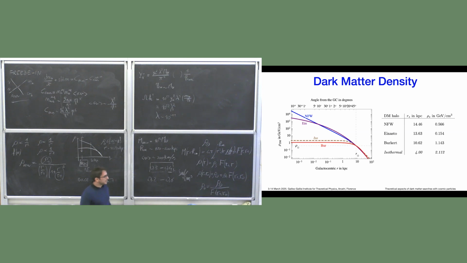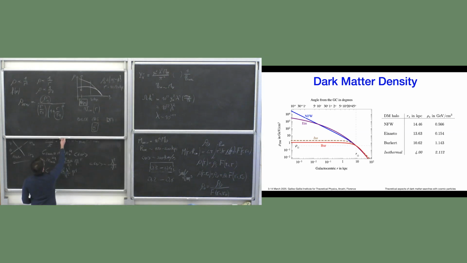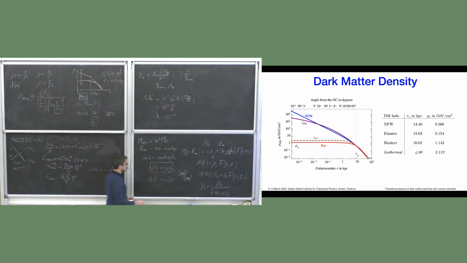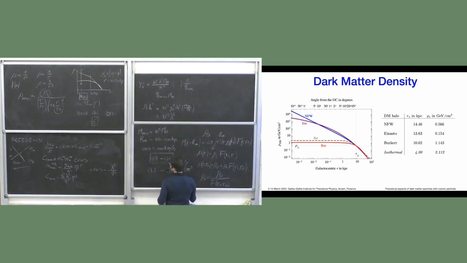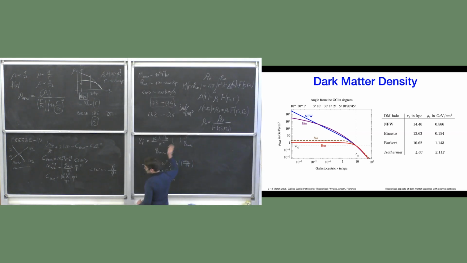When we study dark matter in astroparticle physics, in particular using radiation, we typically choose, let's say, three sets of astrophysical objects.